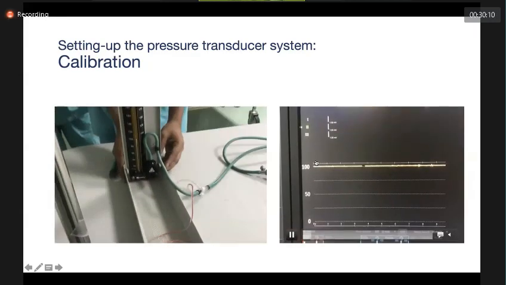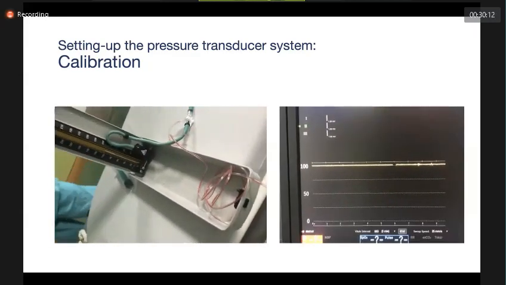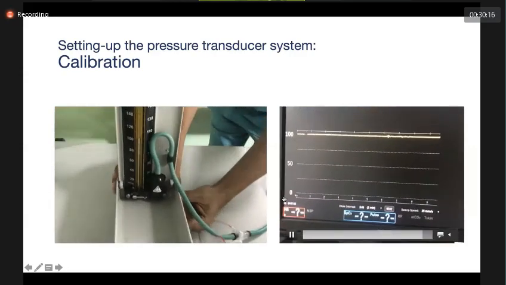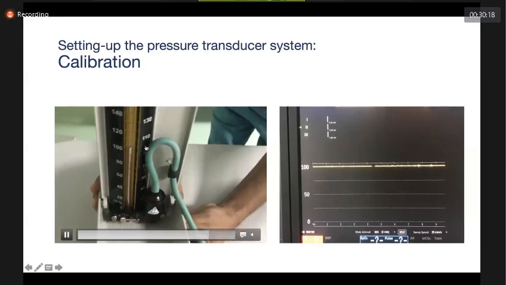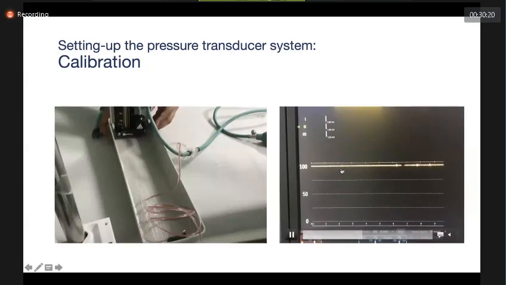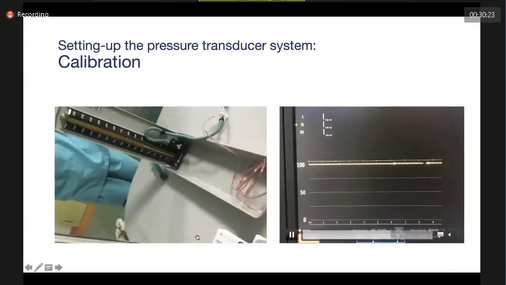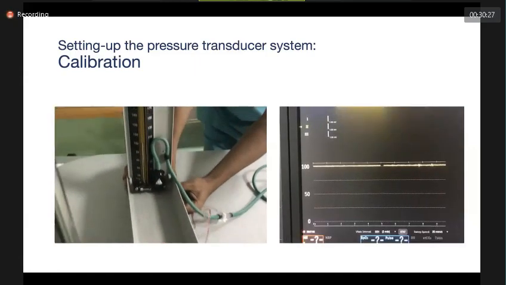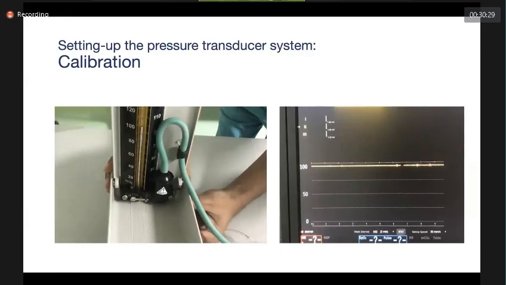And then see on your monitor whether it is mechanically calibrated or not. If it is not calibrated, after inflation to 100, you ask your technician to accept that as 100. Then the pressure transducer system is properly calibrated.